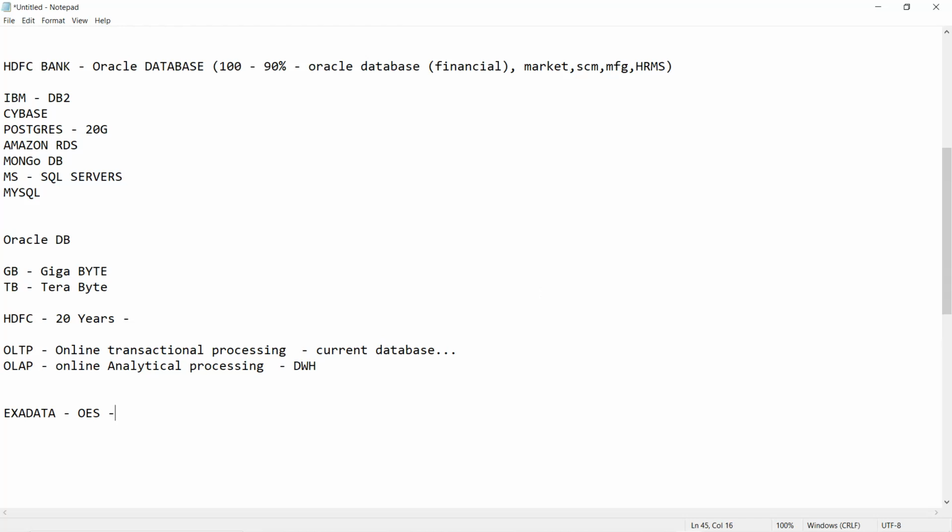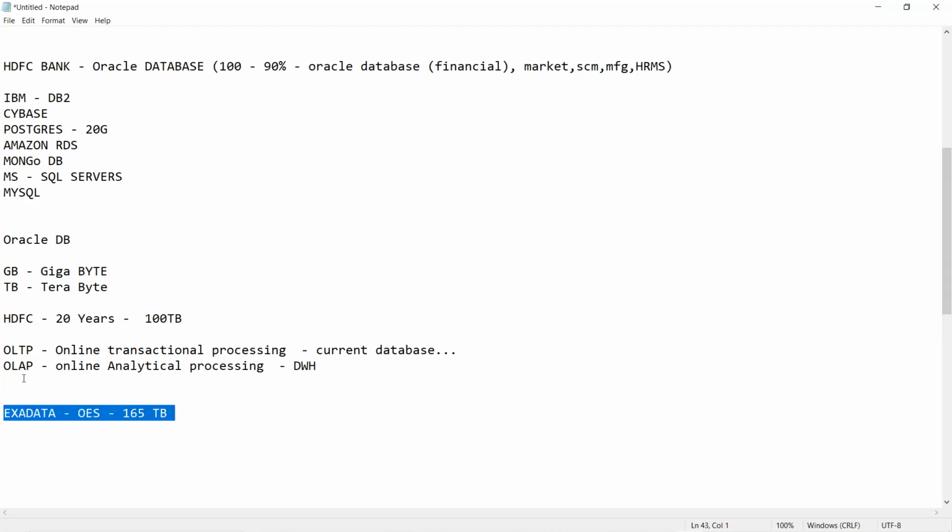A single machine will manage 165 terabytes of database. Now, if HDFC Bank has 100 terabytes, you can manage that 100 terabytes in your Exadata machines.